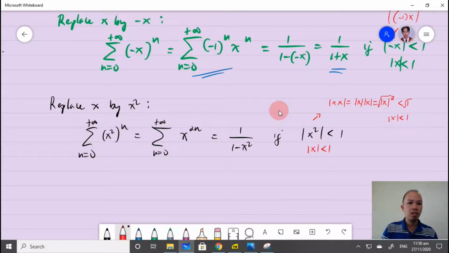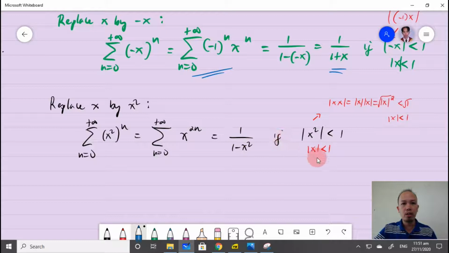So the series, the summation of x to the 2n power series, where n starts from 0 to positive infinity, is equal to 1 over 1 minus x squared.